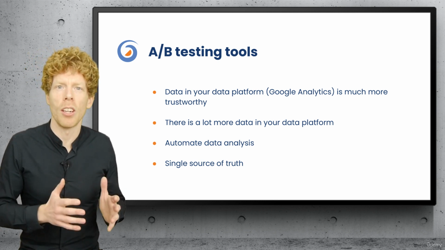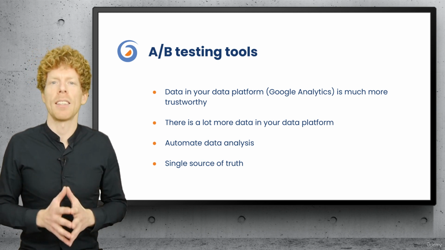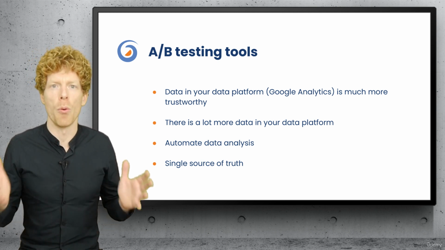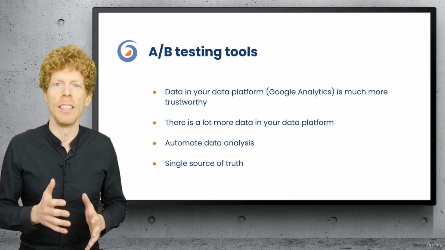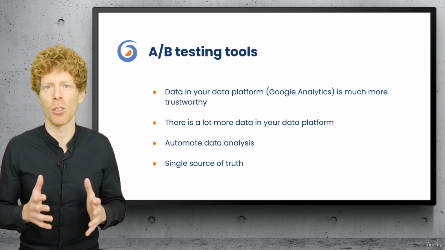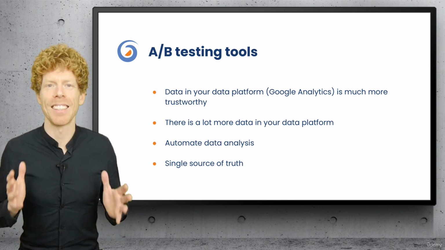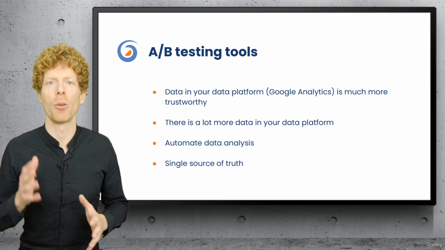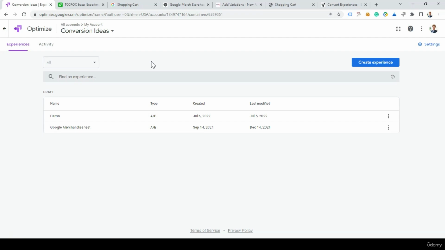You do not want to discuss this every time you finalize an experiment. So instead, choose a single source of truth. As analytics has more reliable data and more colleagues are using it for their data analysis, it is the best source of truth. So, that said, let's set up our A/B test for the Google Merchandise Store in Google Optimize.